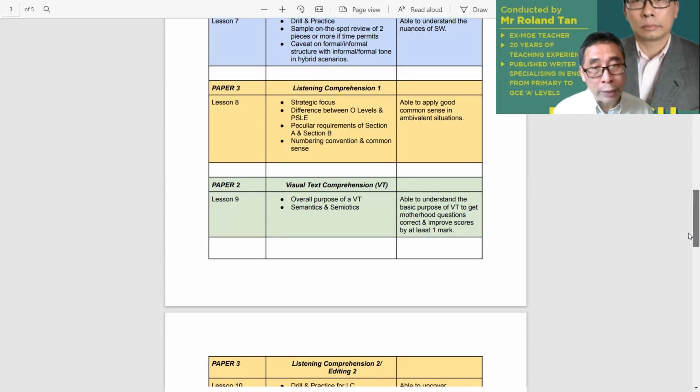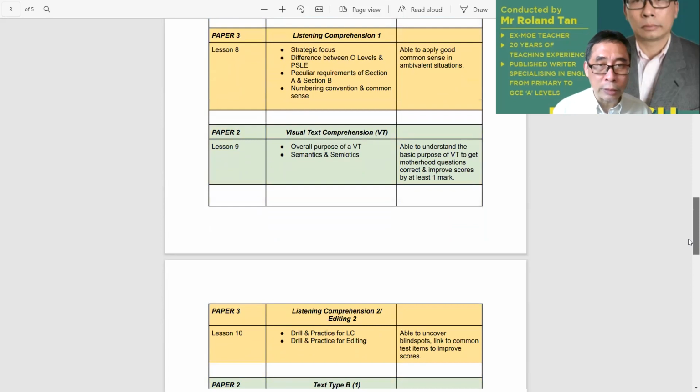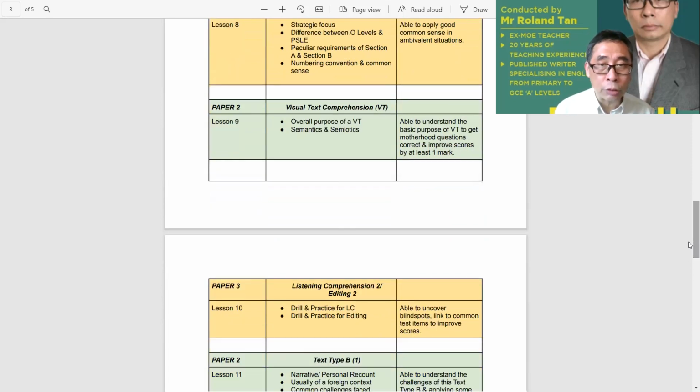Then we switch back to paper 2 in lesson 9, which is visual text comprehension. I will begin by talking about the overall purpose of a VT.